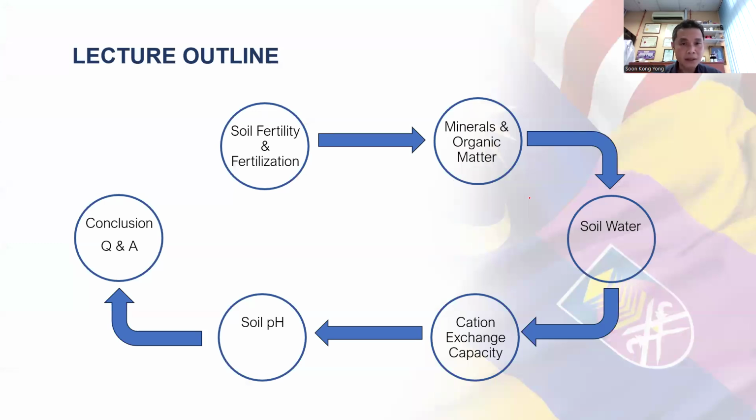Now, what you are looking at is the lecture outline, the sections that I'm going to go through one by one throughout this 1.5 hours of time given to me. I'm going to talk about the topics that are listed right here, while there are two parts that I'm going to add in due to their significance on soil fertility, which are the soil pH and also some extra that I'm going to add in the conclusion part.